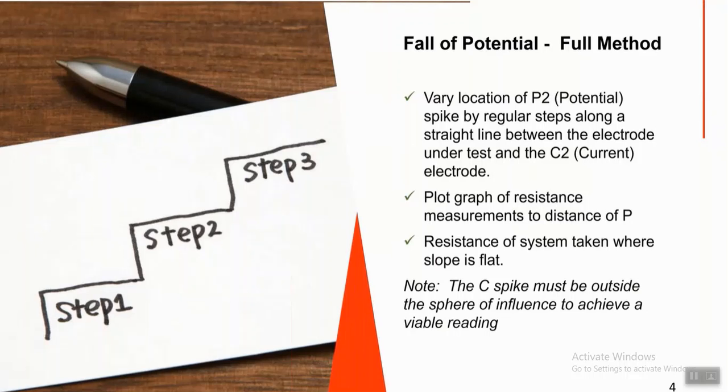You put the potential probe at equal distances, 10%, 20%, 30%, up to the end of the distance to the current probe, then see the result and plot a graph of the resistance measurements. The resistance of the system you take where the curve is linear or flat. This is the three-step standard to test grounding resistance with the fall of potential method.